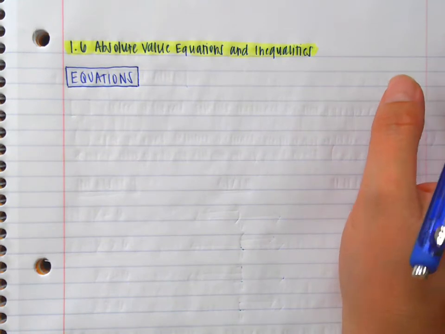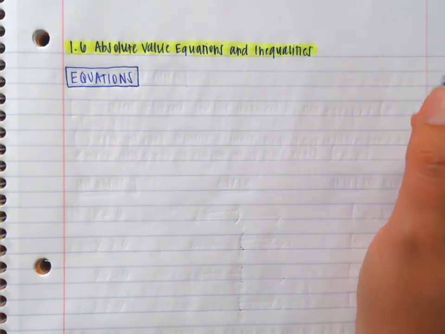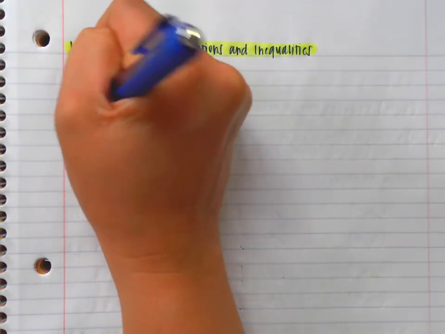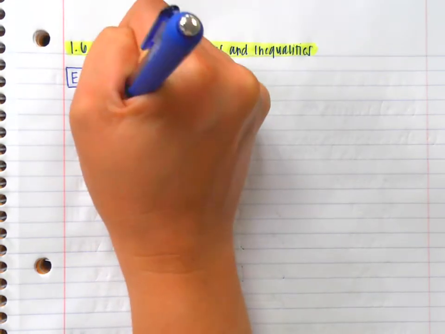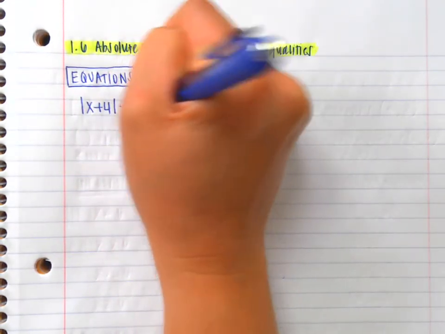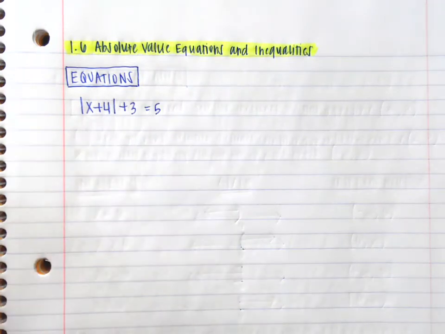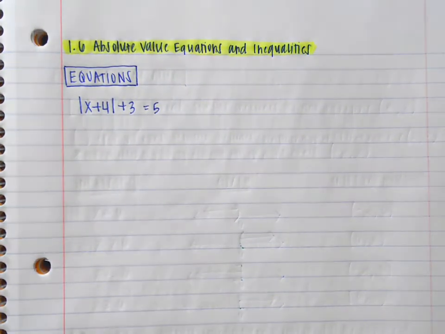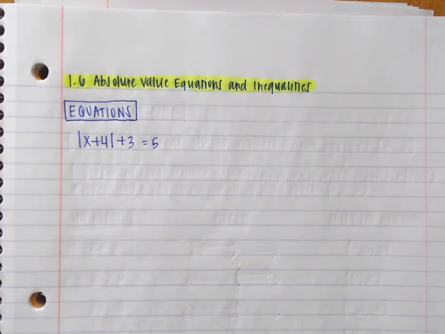So if I gave you the example, the absolute value of x plus 4, plus 3 equals 5, our first step in solving any absolute value expression, equation, inequality, this is always going to be the same. It's going to be to isolate the absolute value expression.